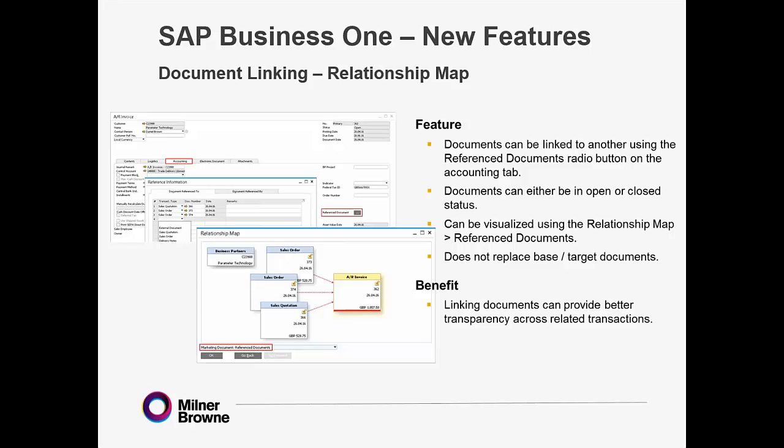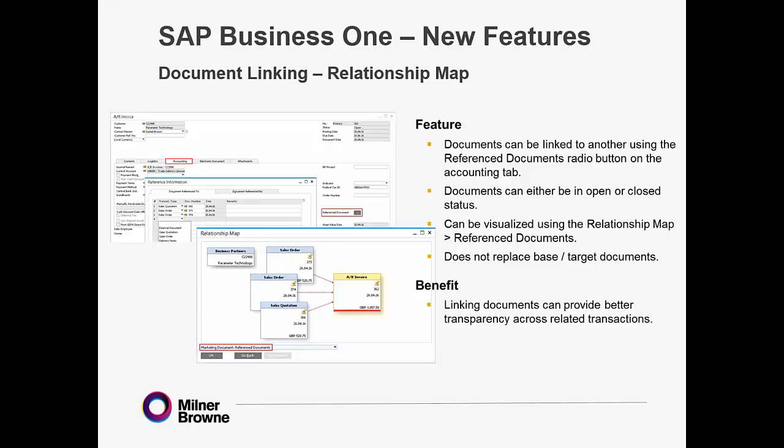So what SAP have now provided is the facility on the accounting tab of the marketing document to reference other documents. They can be in any status, and then when you open the relationship map, you have the ability to run it with reference documents included, and you will then see those documents that you've added into the reference documents table showing up in the relationship map.